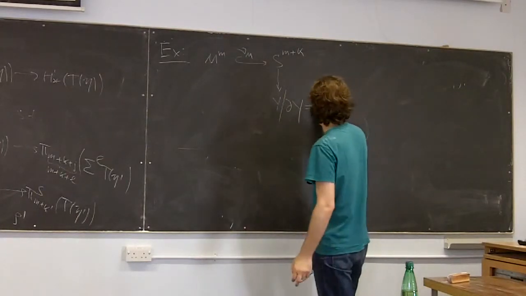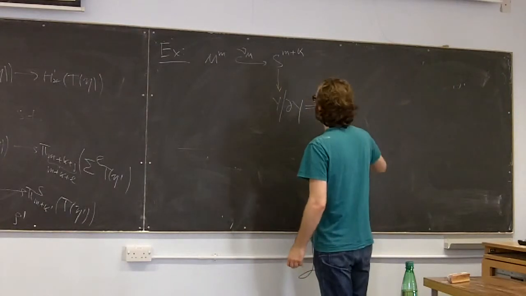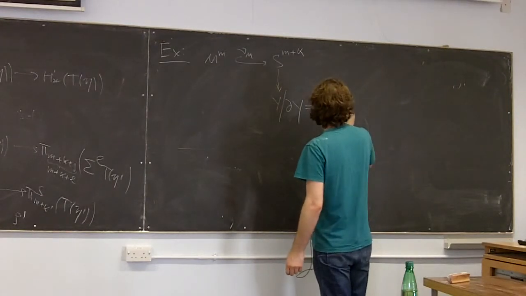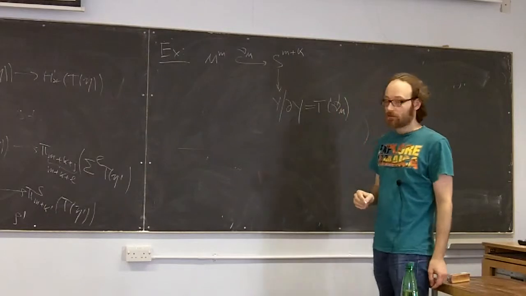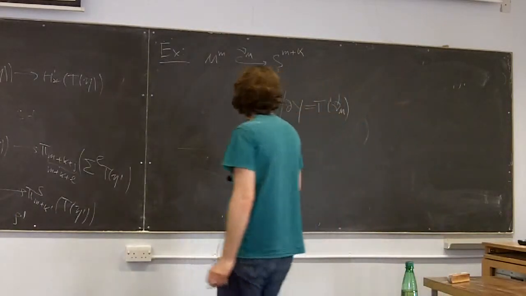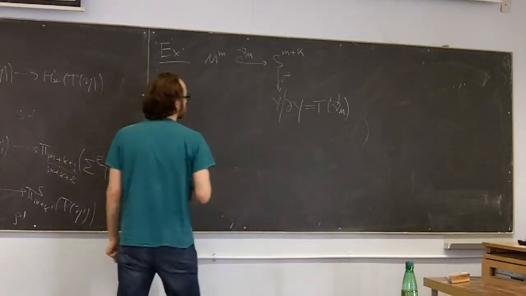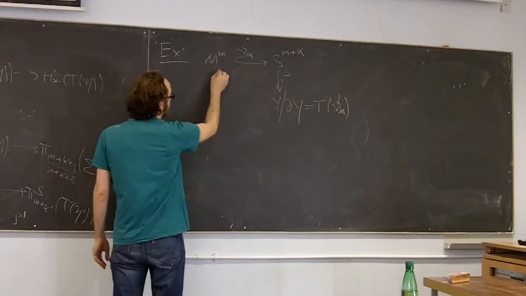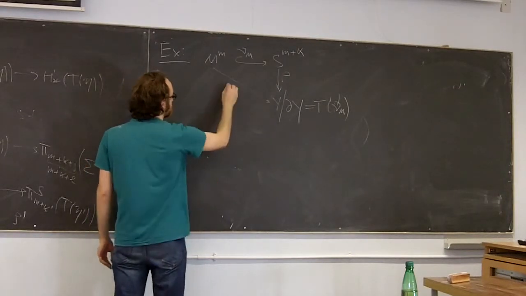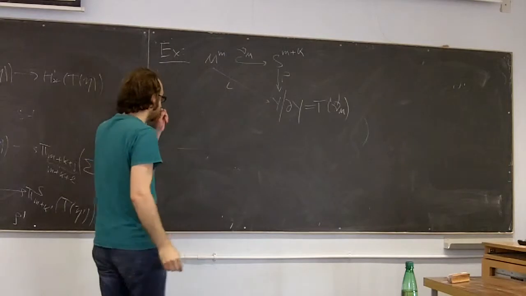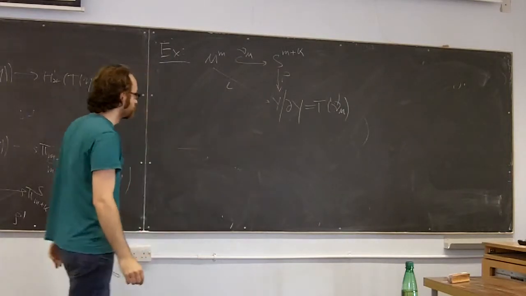This is the Thom space. This is the Thom space of the normal bundle. So this is P, and this is the inclusion at zero section.